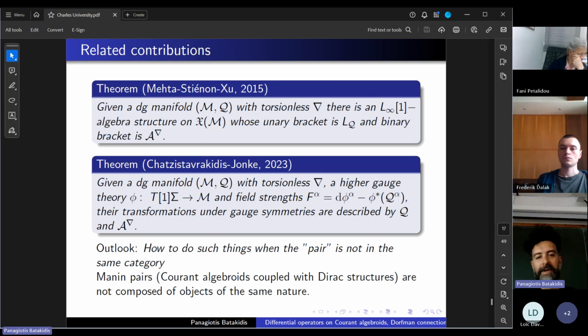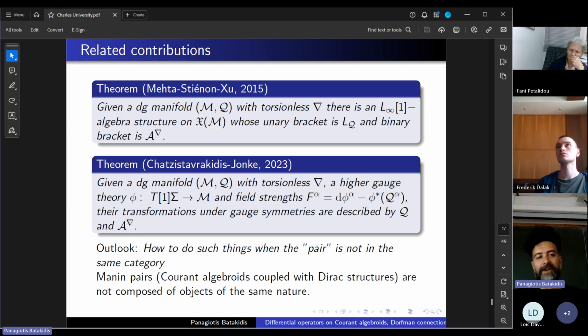For Lie pairs, I mean Lie algebroids with Lie subalgebroids, complex manifolds, we know what the Atiyah class of a complex manifold and a holomorphic vector bundle is. For L infinity algebras, we know that as well. Regular foliations, you can define it in many settings.